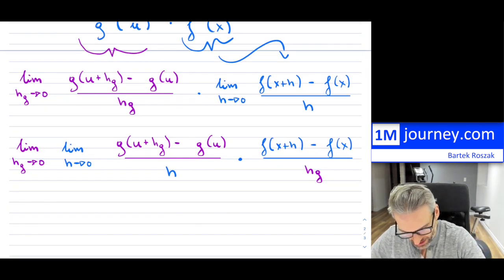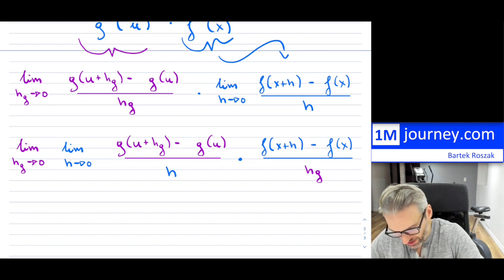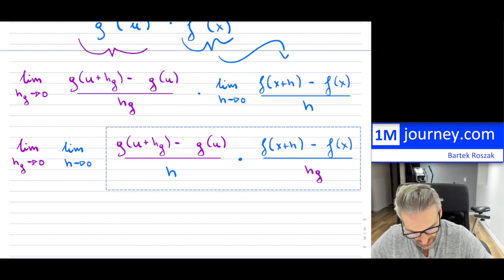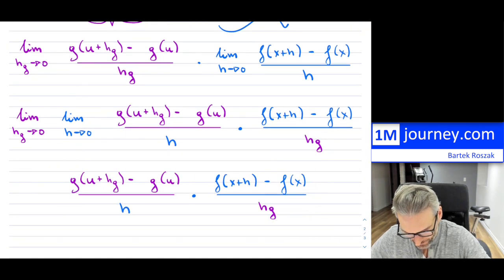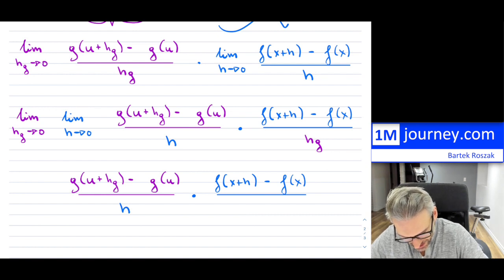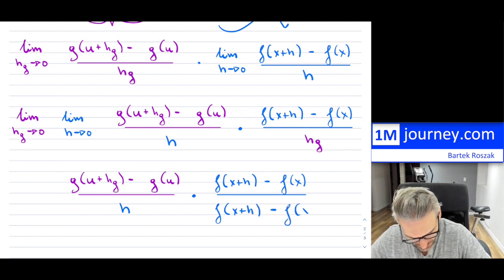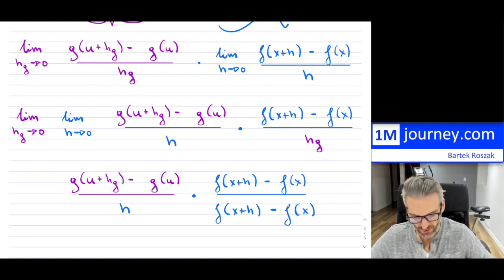Now, if I change this, let me just concentrate on this for the moment. Let me duplicate it and bring it down over here. So this hg is nothing else but simply f(x + h) - f(x). Okay, so that's what that would be.